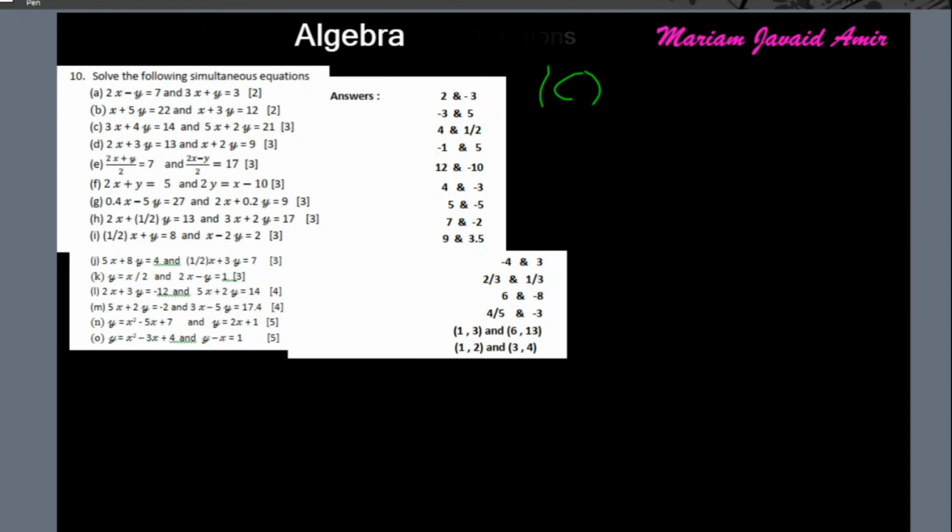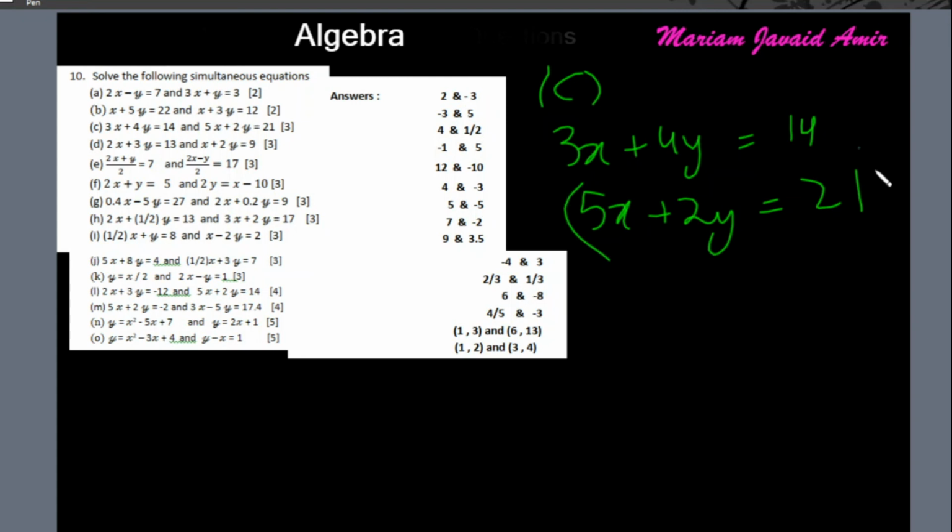Part C, where 3x plus 4y equals 14 and 5x plus 2y equals 21. Now again, if I add or subtract these, I can't eliminate either x or y. So what I'll do is multiply the whole second equation by minus 2.